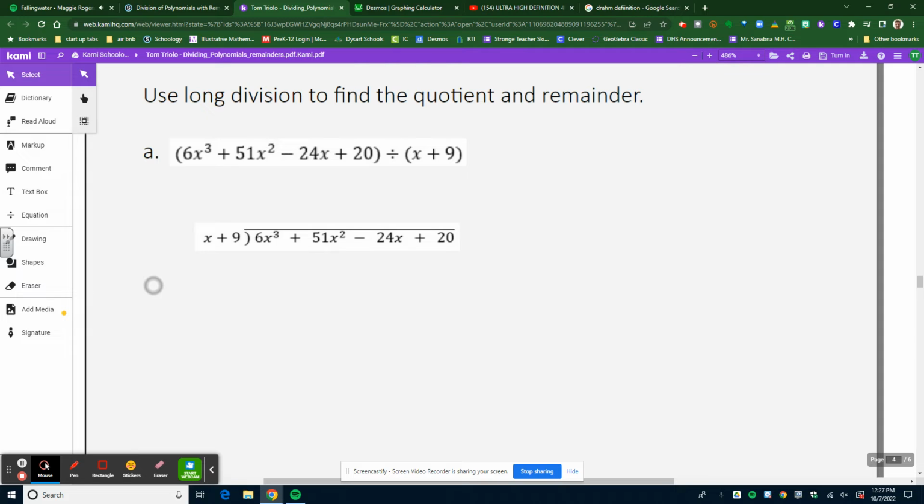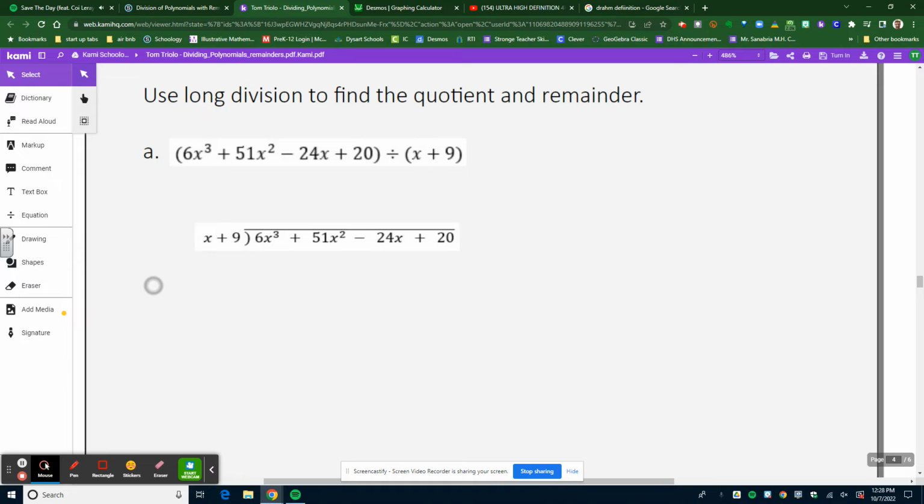So x to the 4th only had 2 terms. So I know with x to the 4th, I should have 5. How did I come up with 5? I got x to the 4th, x cubed, x squared, x to the 1st, and my constant. So whatever my degree is, I should have 1 more term. If I don't have that many terms, I have to fill in with zeros. In this case, I don't have to fill in anything with zeros.